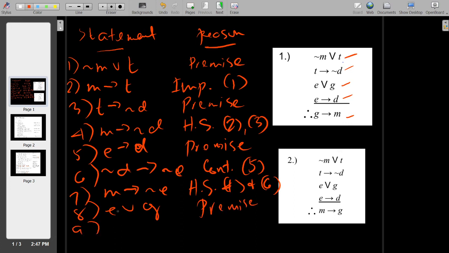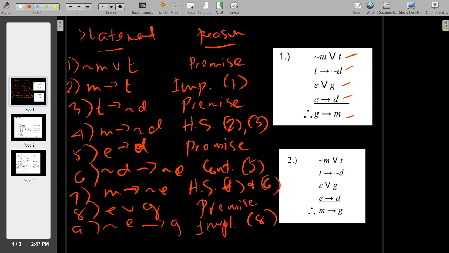Let's have the ninth statement, the negation of E implies G. This is actually implication again from line number 8.